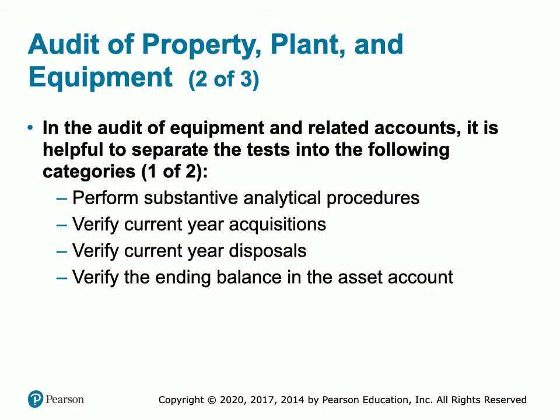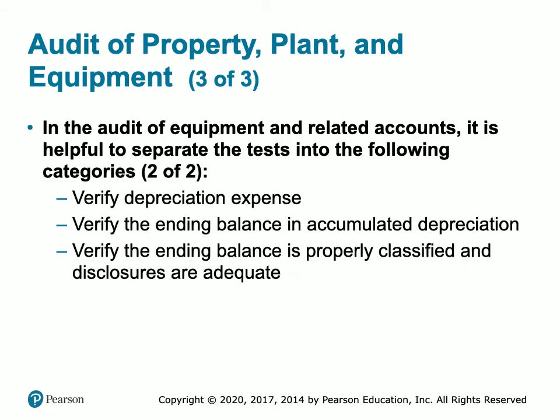So on the depreciation side, it's really doing an analytical review. If most of your equipment, or equipment or software, is a 3-year life, then you can basically take the average balance during the year and divide it by 3, and that should be damn close to your depreciation expense.